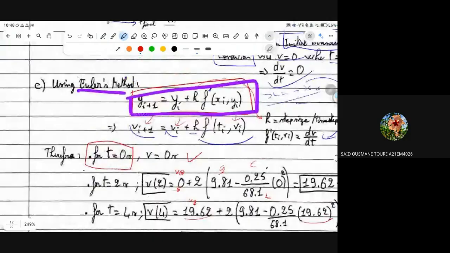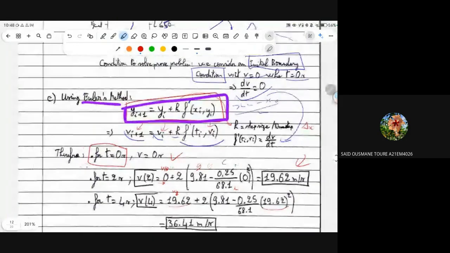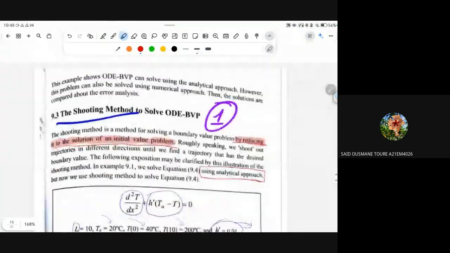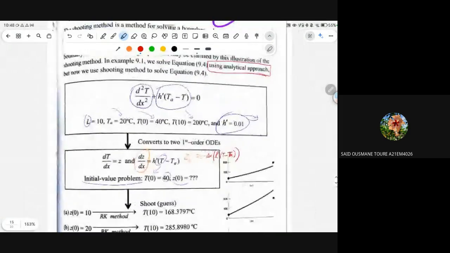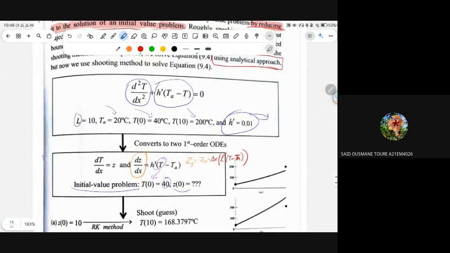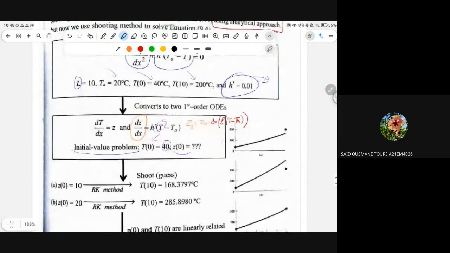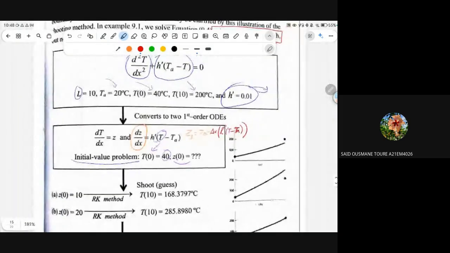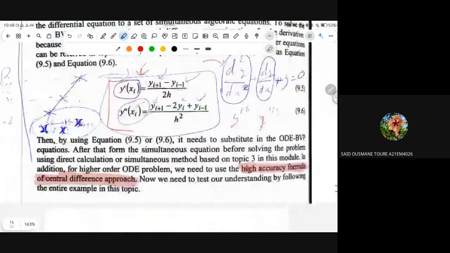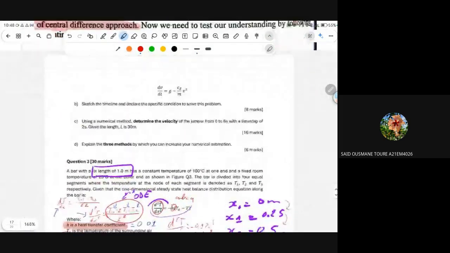Now you can use Euler's method as well. It's not so limited. However, we need the value of z0, which is the initial value condition, the initial boundary. For us, we know that 100 is constant. They mention in our case that it is constant.